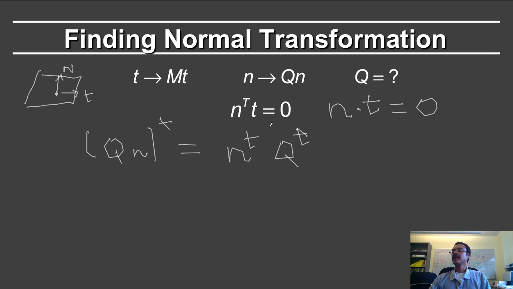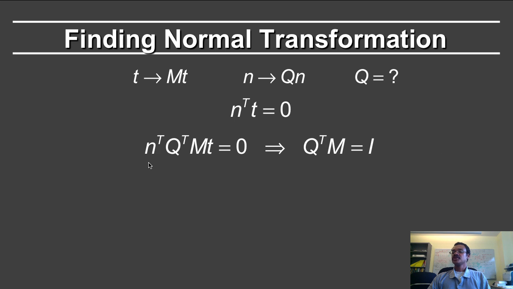And t' will be equal to Mt. So we will have this times M t is equal to 0. So I've just reproduced that here. So I have n transpose Q transpose M t is equal to 0. And this implies that Q transpose M must be equal to the identity.